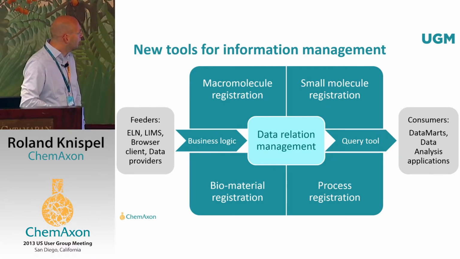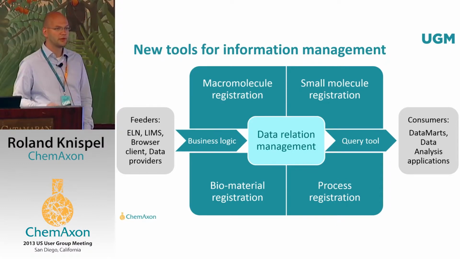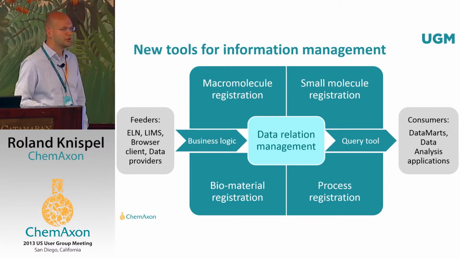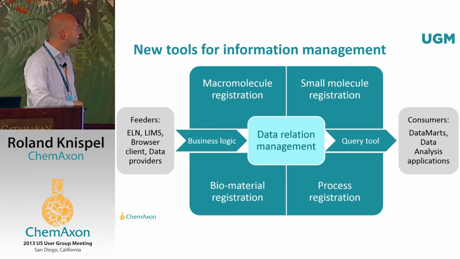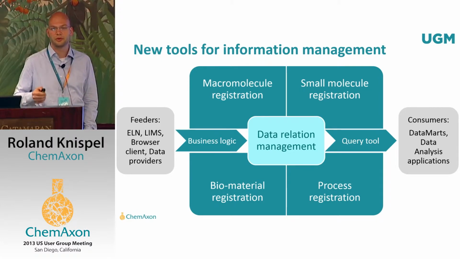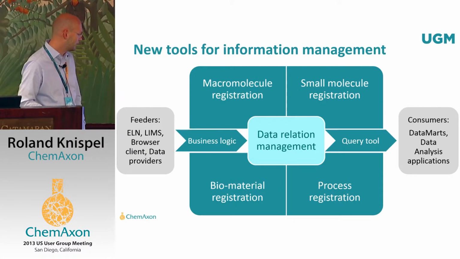So we have individual modules, small and atomic, elemental, dealing with the registration of small molecules on one side. We are looking at the registration of macromolecules, such as proteins, small inhibitory RNA, nucleic acids, any sorts of things like that.